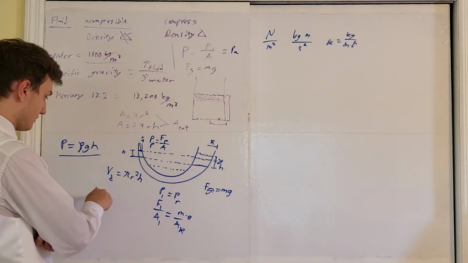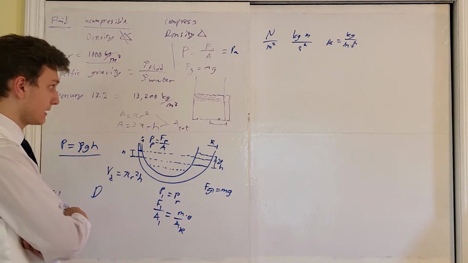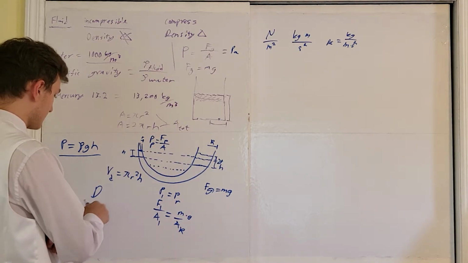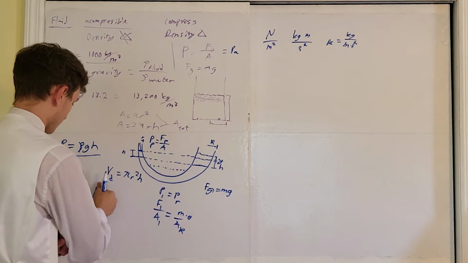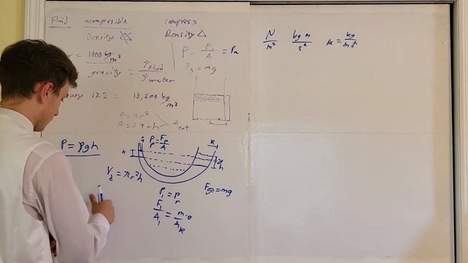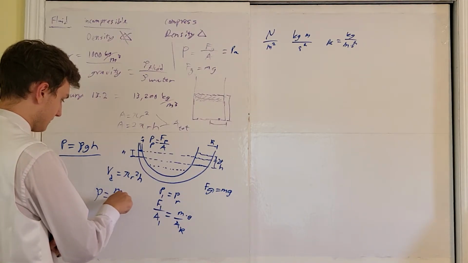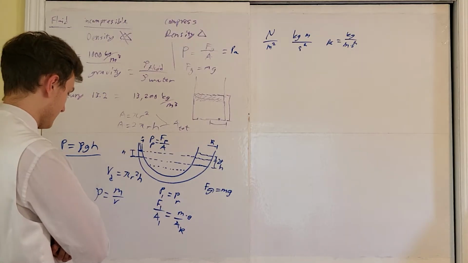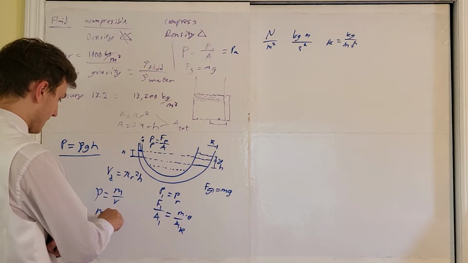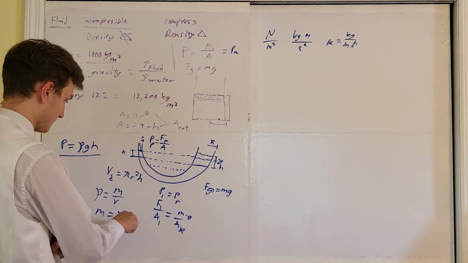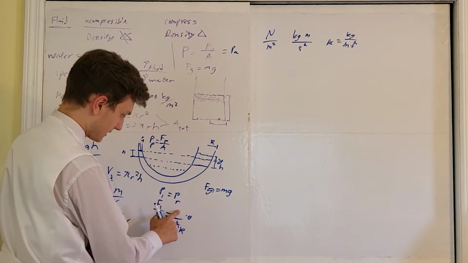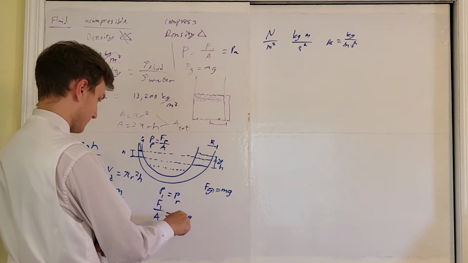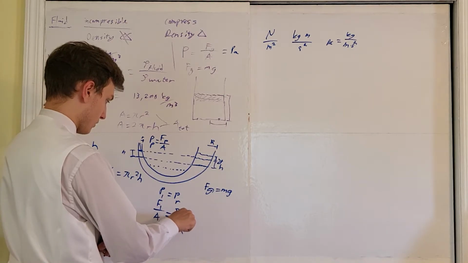But we know through our density equation that rho, sorry, I wrote a big D for density, it's rho equals mass divided by volume, okay? So we can write mass as density times volume. So in this case, the gravitational force can be rewritten as rho Vg.